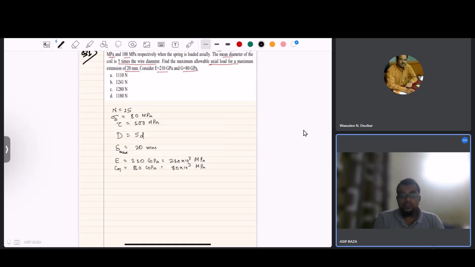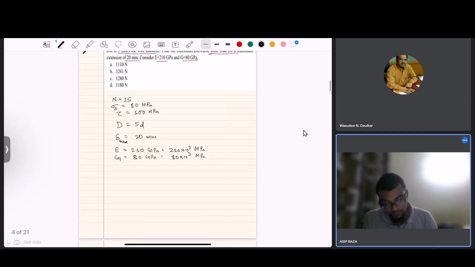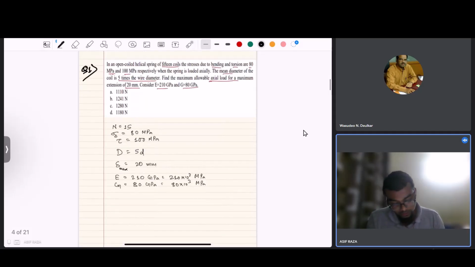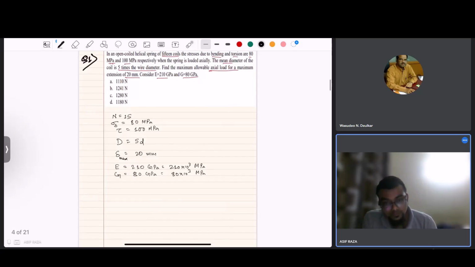Now let us write it down. We need to calculate maximum allowable axial load for maximum extension of 20 mm. So we need to calculate the load, maximum load, right?